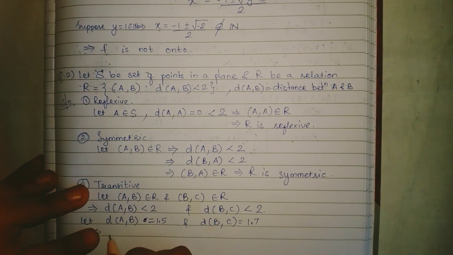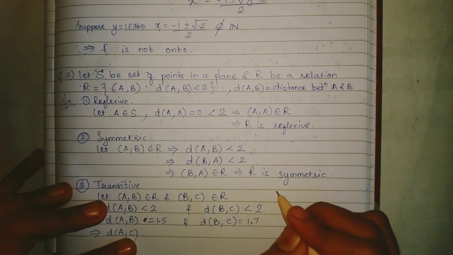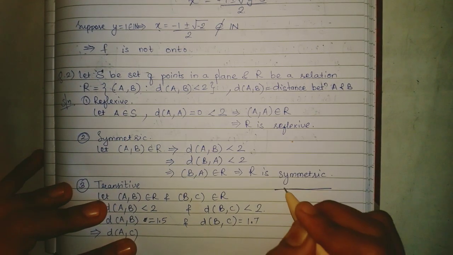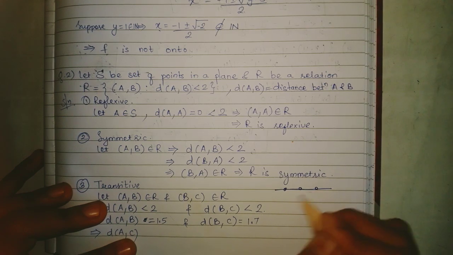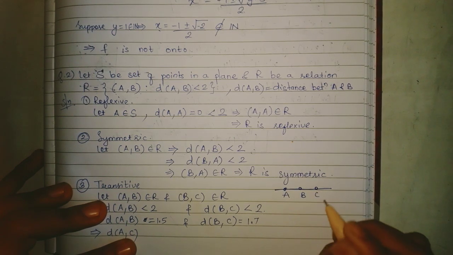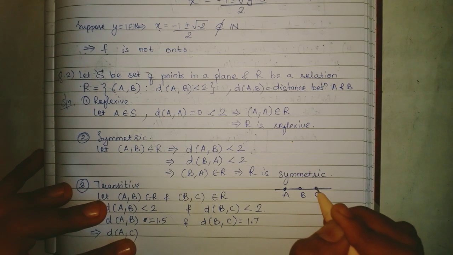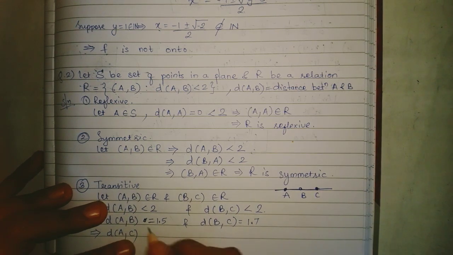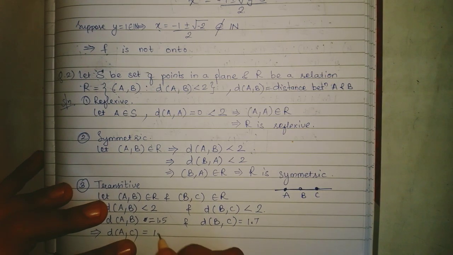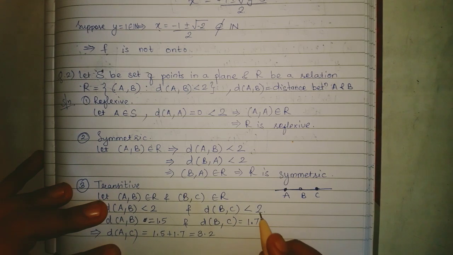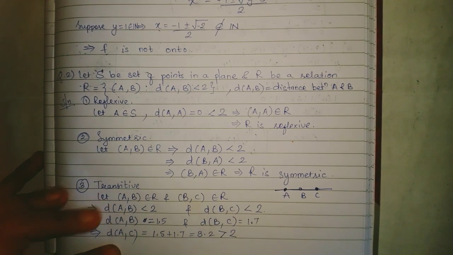Now if you take the distance between A and C, we are considering these points to be collinear, that is, they are on the same line, A, B and C. So the distance between A and C will be the addition of these two, 1.5 plus 1.7. So it is 3.2, which is not less than 2, which is greater than 2.